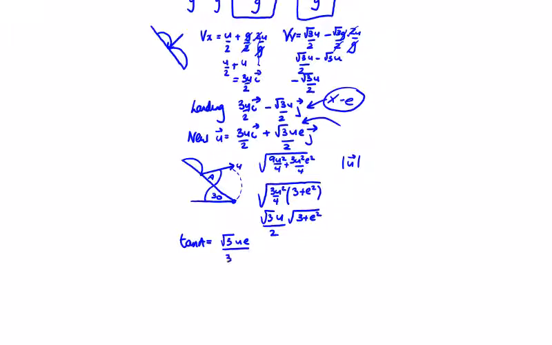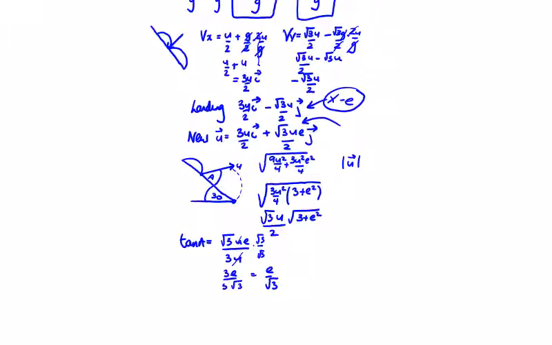So that's just going to give root 3 over 3. If I multiply top and bottom by root 3, I'm going to get 3e on top, and on the bottom I'm going to get 3 root 3.